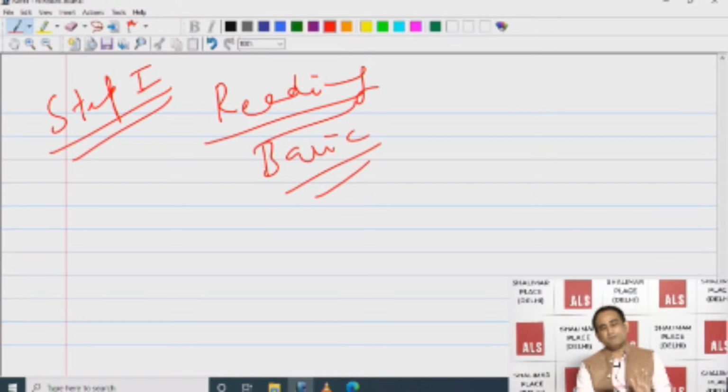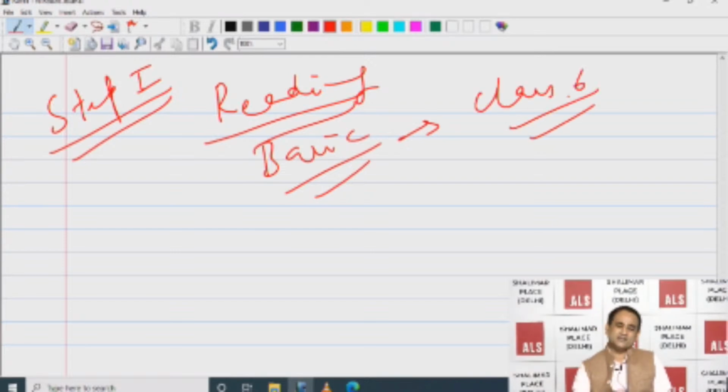Start with basic reading, and you would not believe that you can start with ancient India from class 6 old NCERT, Romila Thapar. All your well-wishers, brothers, seniors, sisters, they will tell you the reality. You can start your ancient India from class 6th NCERT, Romila Thapar, old NCERT.